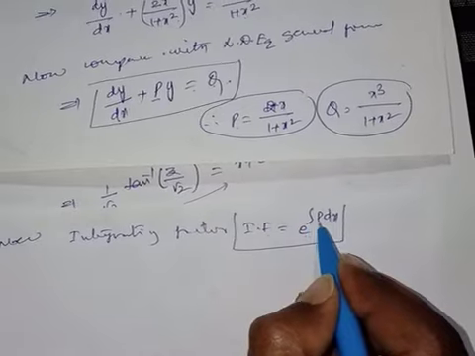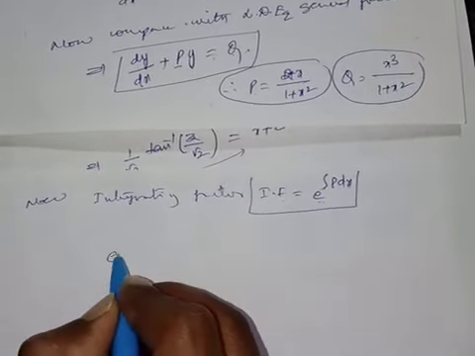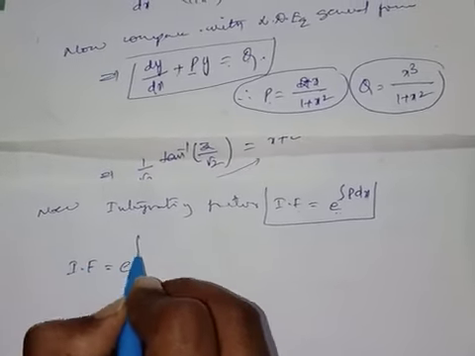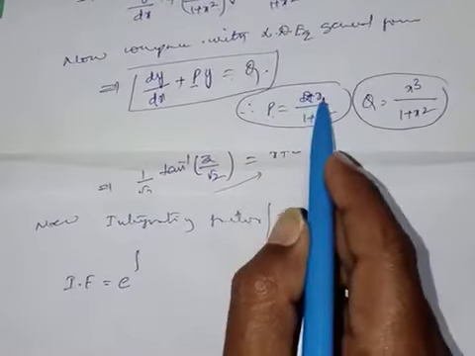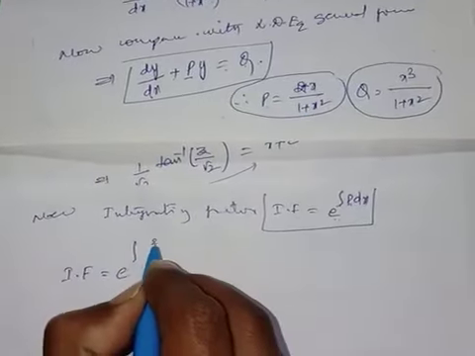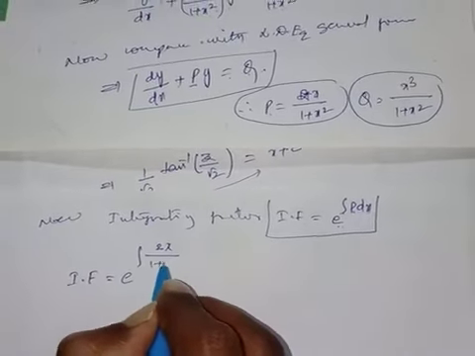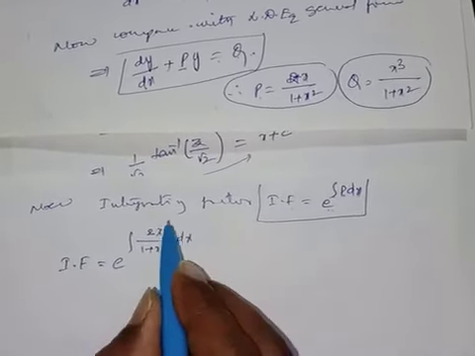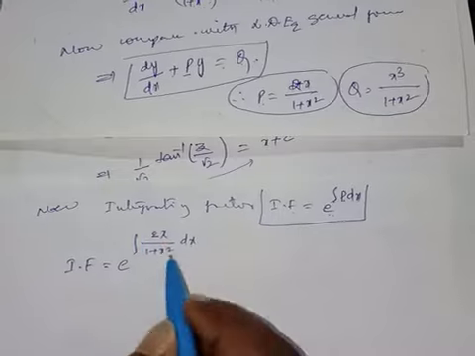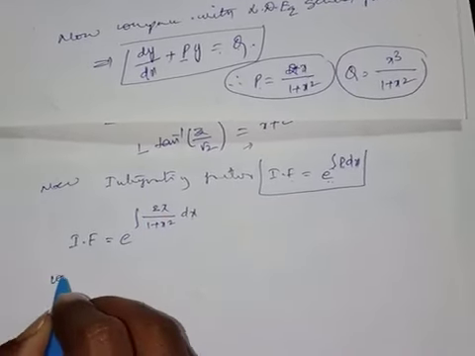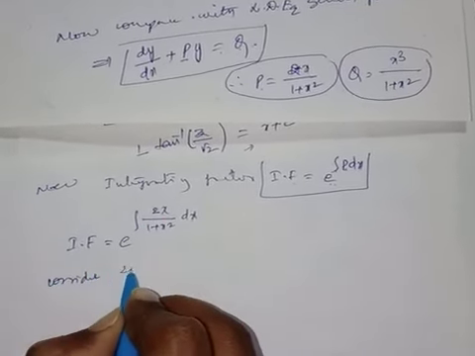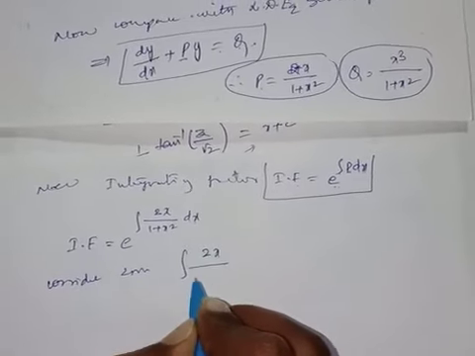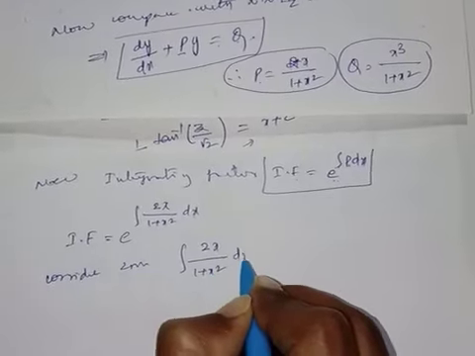The P value is 2x upon 1 + x², so IF = e to the power of the integral of 2x/(1 + x²) dx. First of all, consider the exponential value, that is the integral of 2x/(1 + x²) dx.